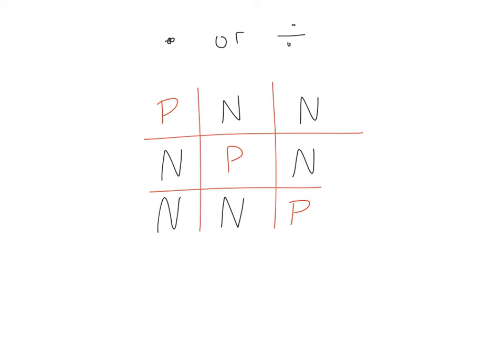For example, what is a positive times a negative? It's going to be a positive. What's a negative times a positive? It's going to be a negative. What's a negative times a negative? It's going to be a positive. What's a positive times a positive? A positive. What's a negative times a negative? It's also a positive. So it's a little tic-tac-toe thing.